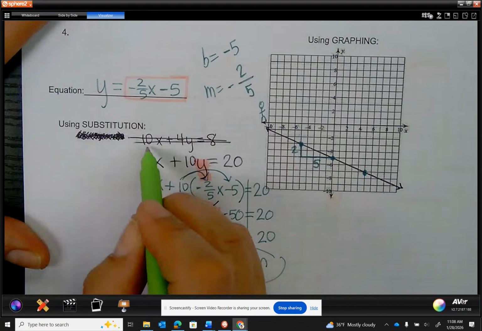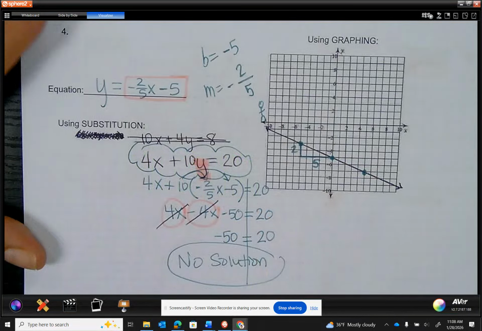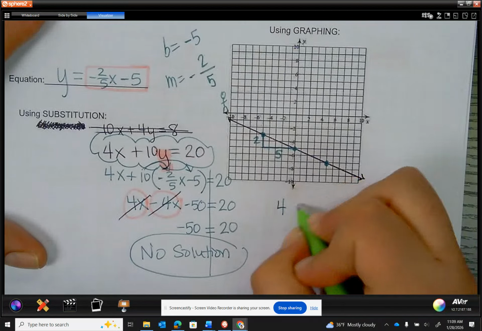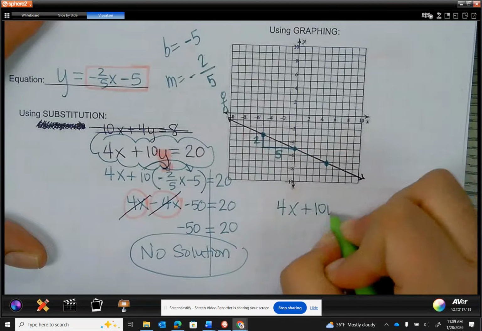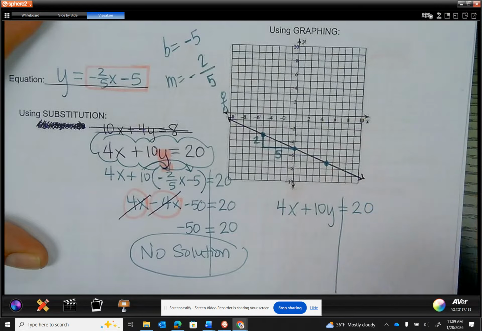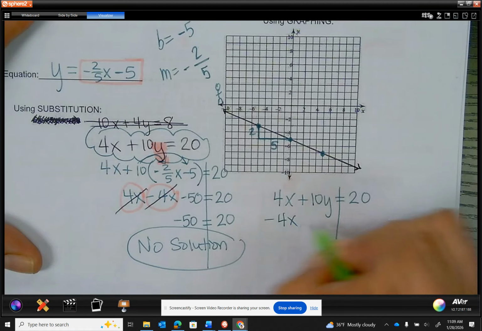We're going to take the standard form of this equation given, and we are going to convert it to slope-intercept form. In other words, we need to solve for y. What's going to be our first step to do that? Subtract the 4x from both sides.